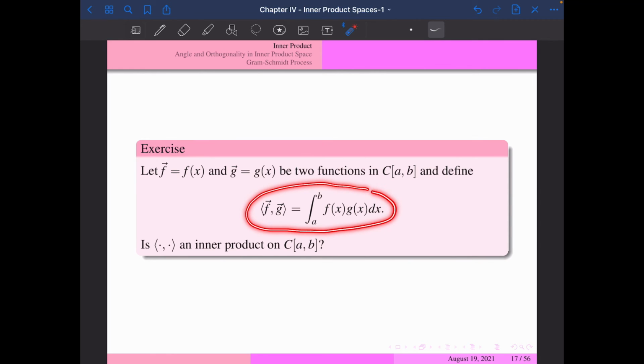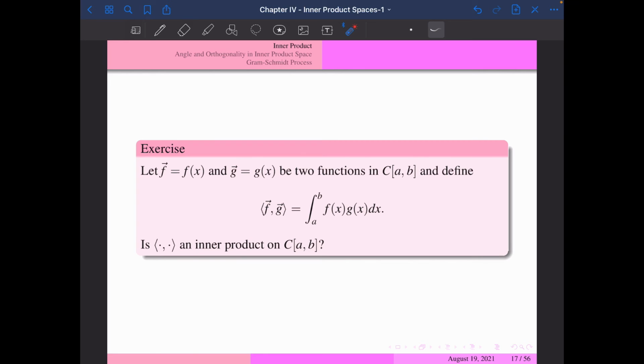Okay, so we define the function on this space by the integral from a to b of f(x)g(x). Okay, like this. So my question is, is this function on the closed interval [a, b] an inner product or not?